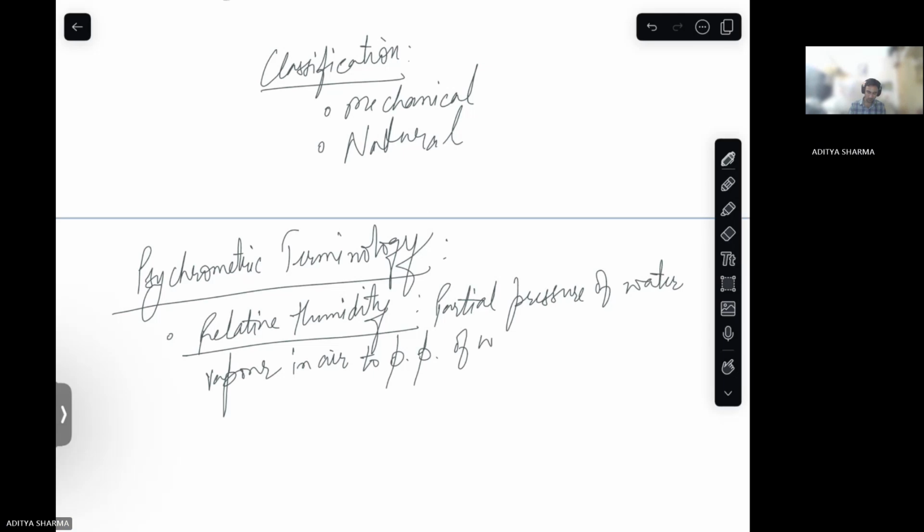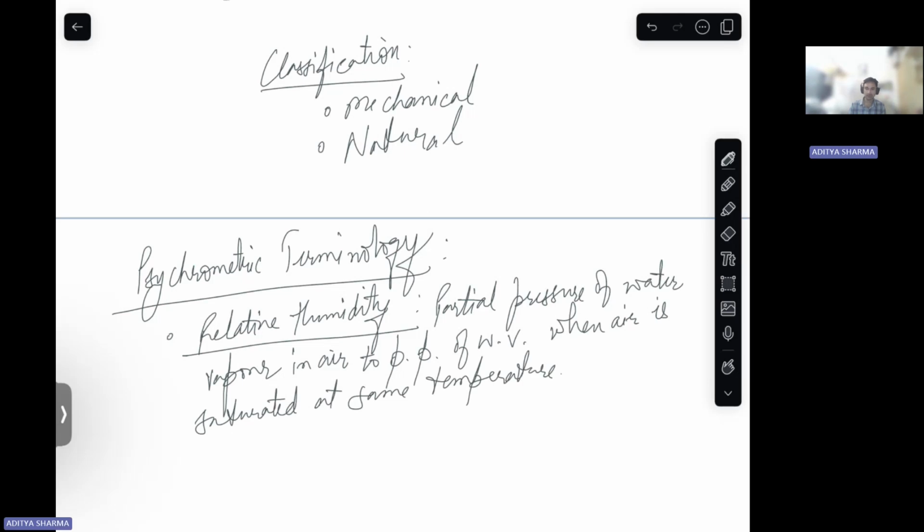of water vapor, WV, when air is saturated at the same temperature. So we have some temperature at which we have some air that is not saturated, that is unsaturated.